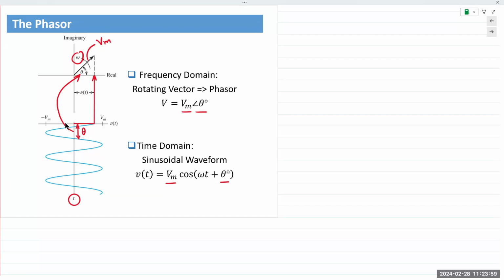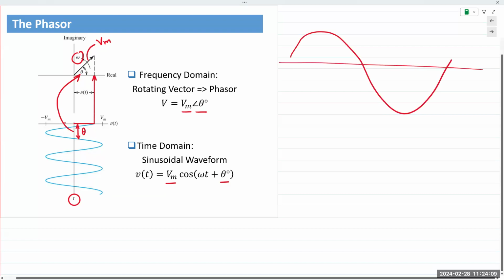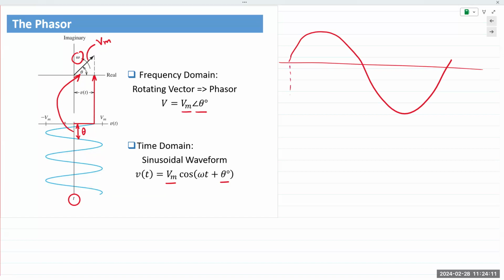Again, it's a rotating vector. One full circle is 360 degrees. So if you have a time domain expression, this one time period, which is one full cycle, is equal to 360 degrees or 2 pi.